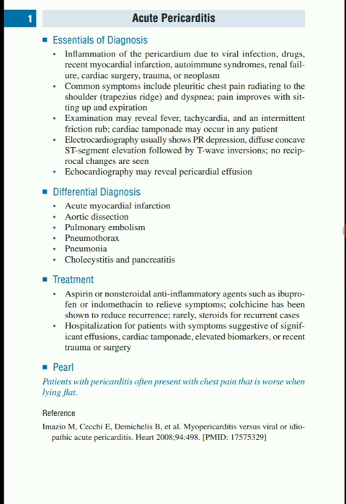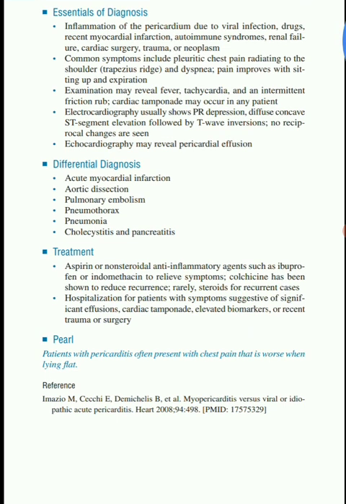And this can be due to a viral infection, it can be due to drugs, it can be due to recurrent myocardial infarction because of the reduced perfusion to the pericardium. Then it can also be due to autoimmune syndromes, renal failure, cardiac surgery, trauma, or neoplasms.